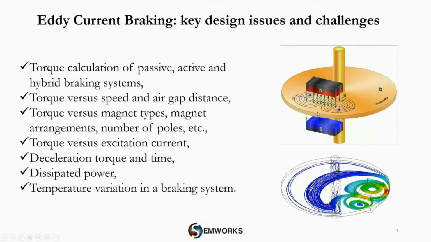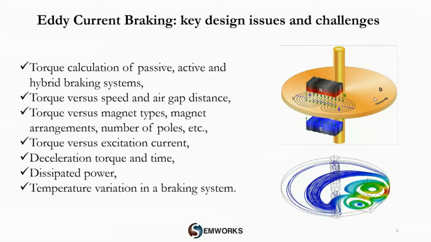It's going to oppose the motion that's causing it. And so the idea is to produce enough eddy current, opposite to the motion, so this disk stops. That's an eddy current braking system.